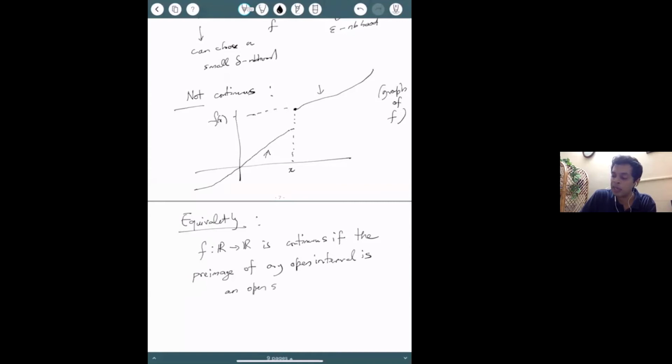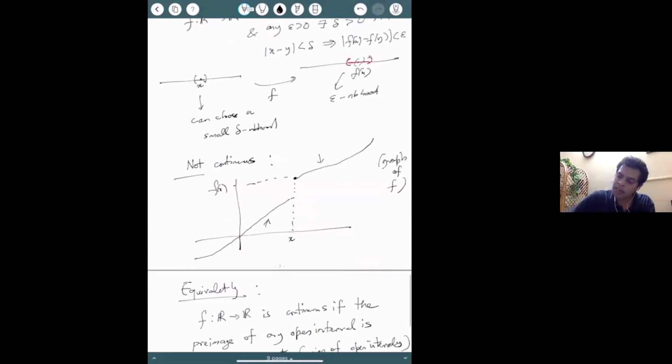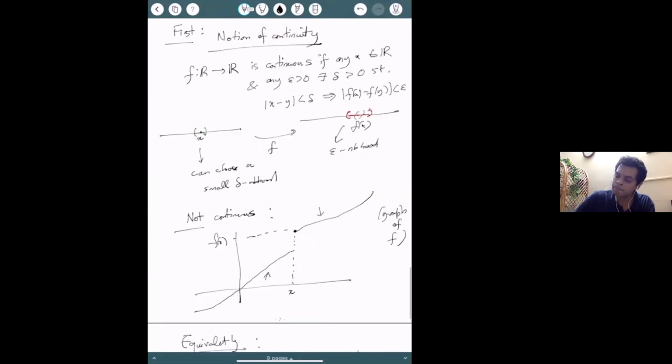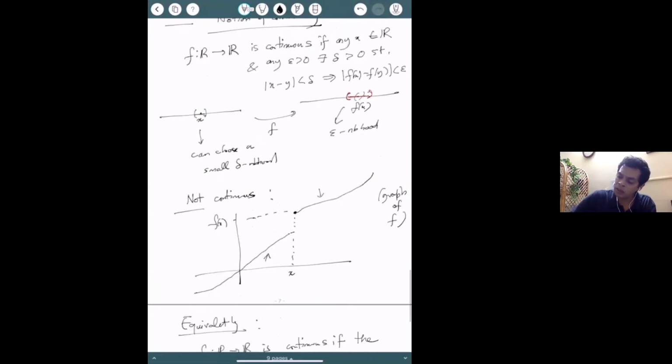The open set is a union of open intervals. Okay, so what does that mean? So let's see whether this holds for this not continuous example.